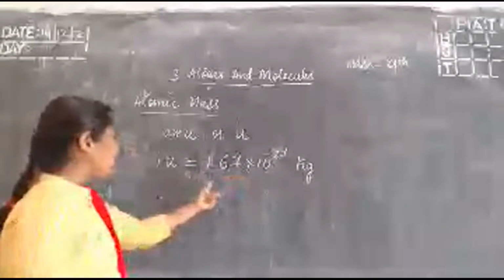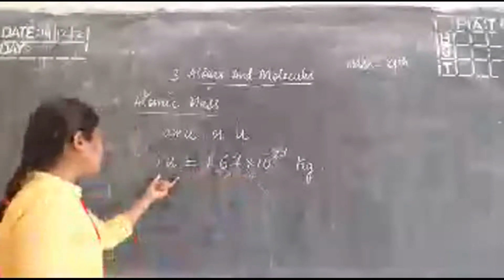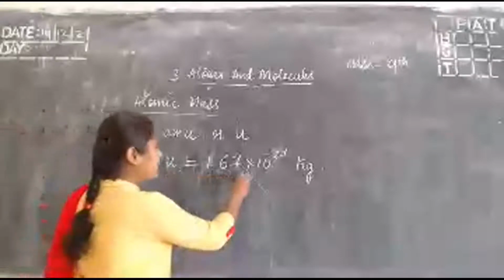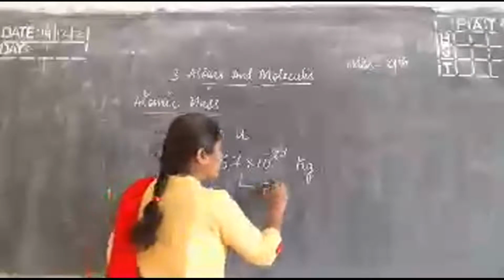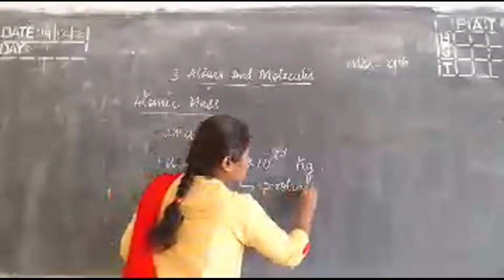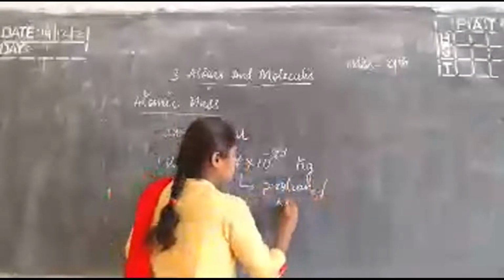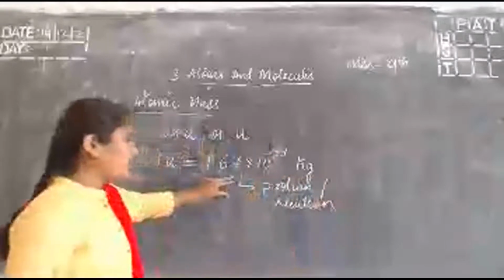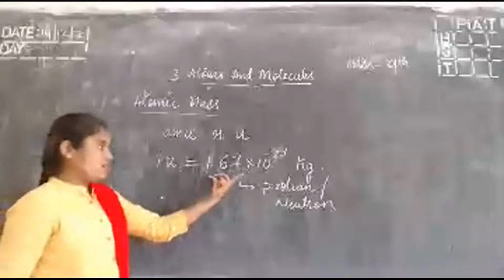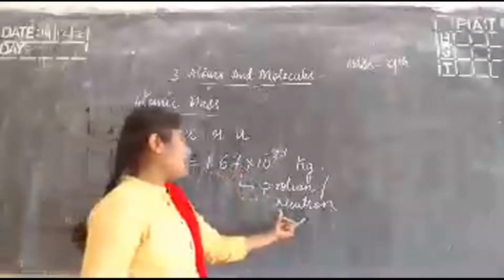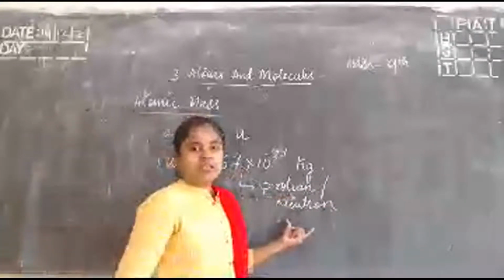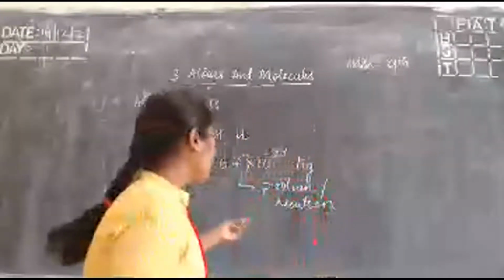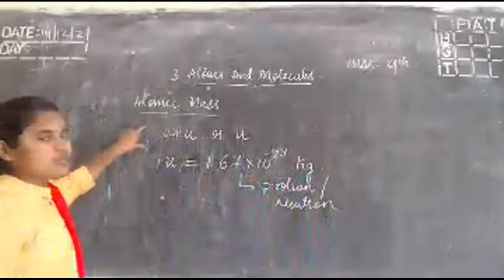This is approximately equal to the mass of a proton or neutron. Not exactly the same, but approximately equal to a proton or a neutron mass. So this was one of the units used to measure.